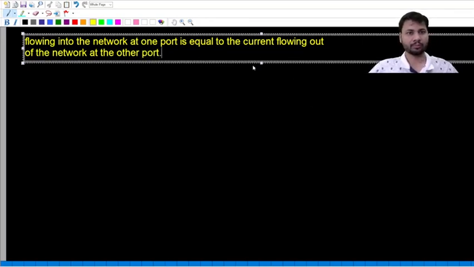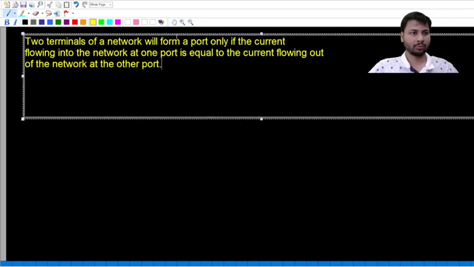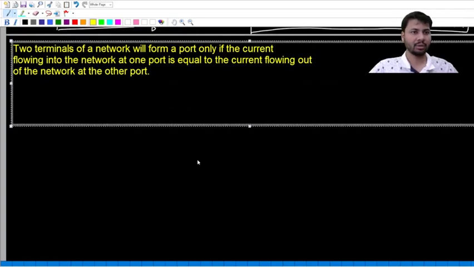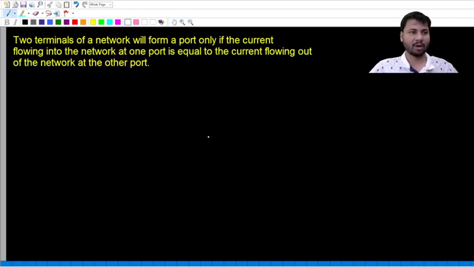Okay. So this is the condition for two terminals to form a port.